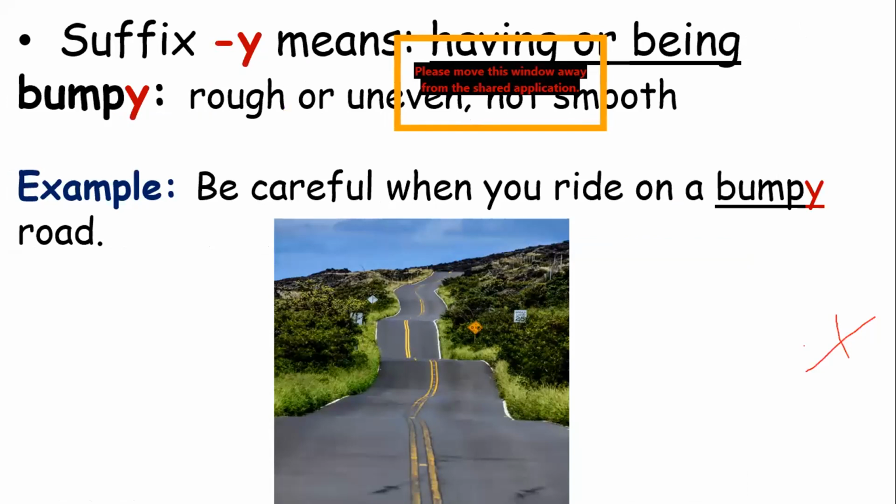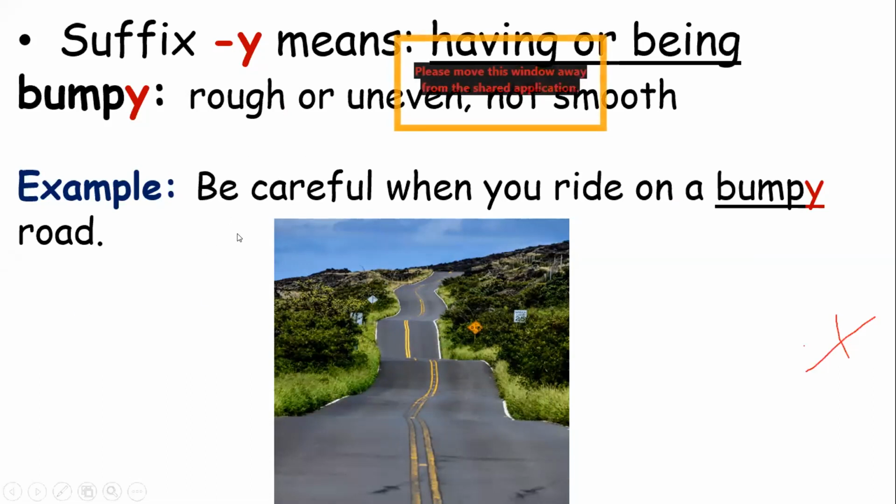Bumpy: not straight or not smooth, rough, like this street. See, it's bumpy. It is not smooth, it's not soft. Like when you touch the back of a turtle, it is a little bit bumpy, not smooth, right? So bumpy is rough or uneven.